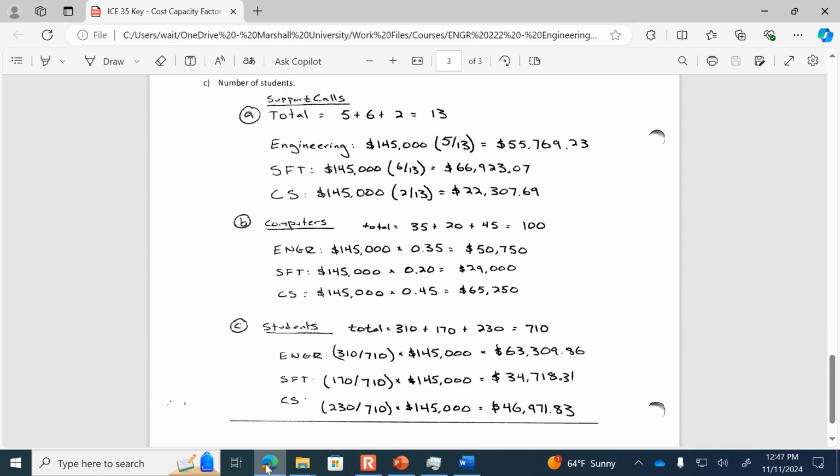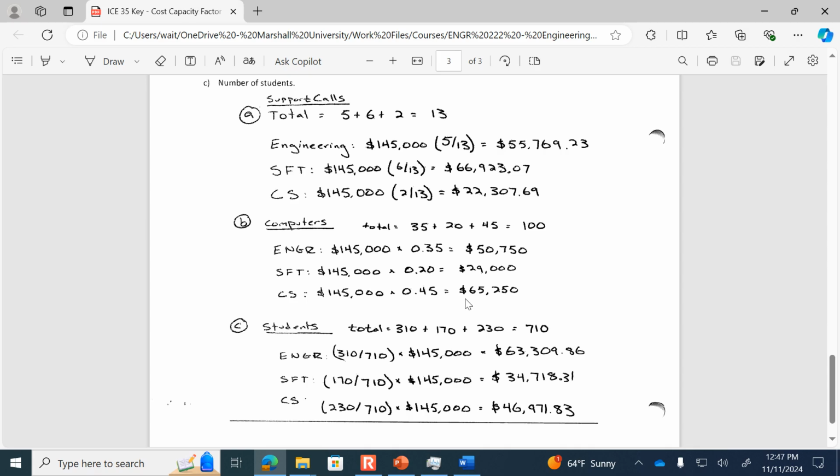Whereas if it was on the basis of computers, remember these are costs, then they'd have to pay $65,000 in the budget. So I guess it would be an administrative decision which basis, or maybe it would be a model that takes all of these into account.